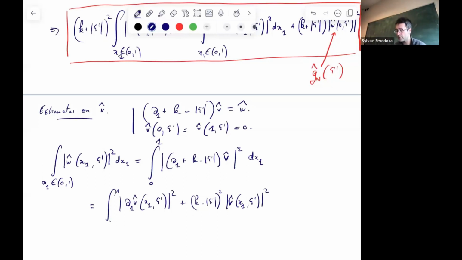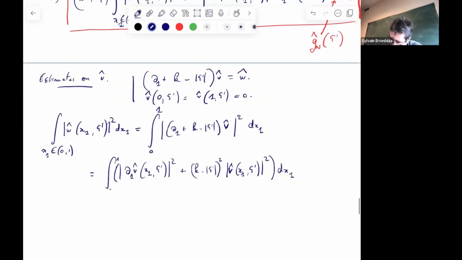And then again you have a cross product, which would be the integral from 0 to 1 of k minus psi prime times d1 of v hat squared dx1.